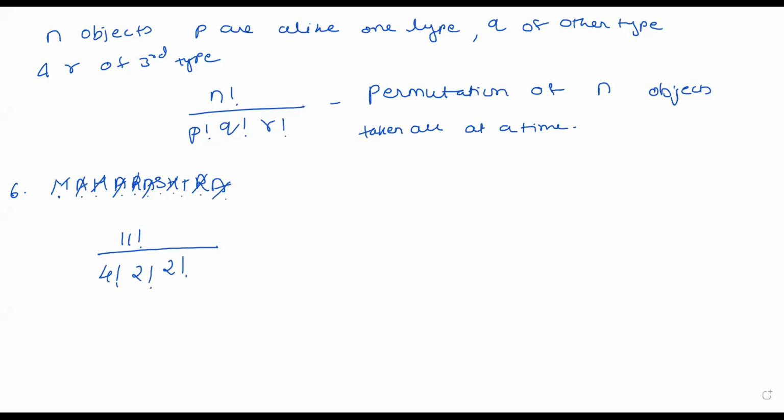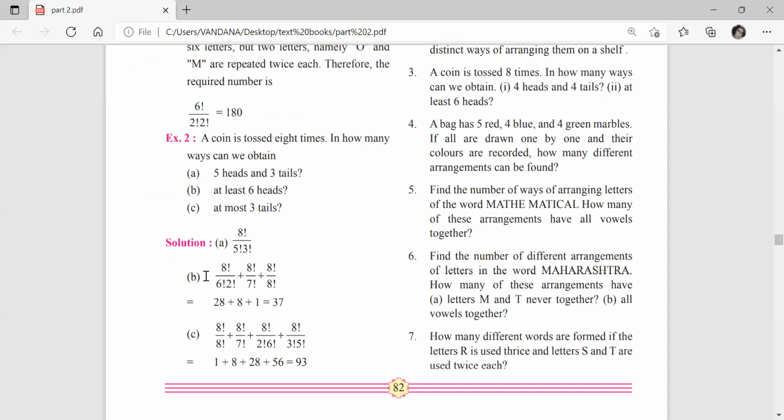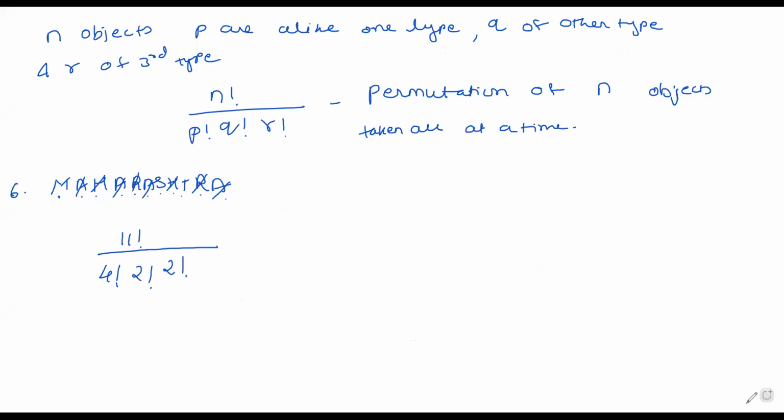Now let us talk about the condition. The first condition is letter M and T are never together.